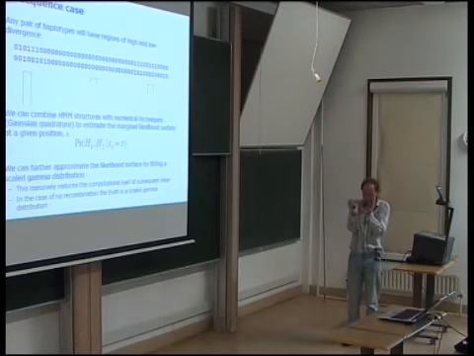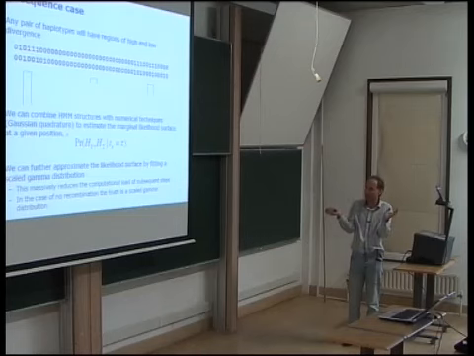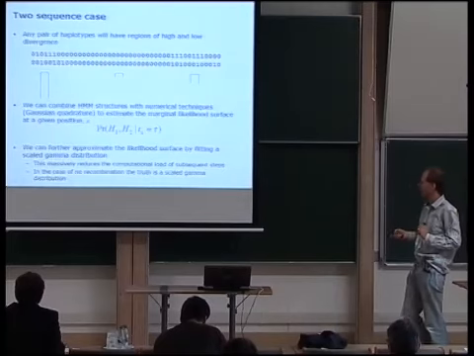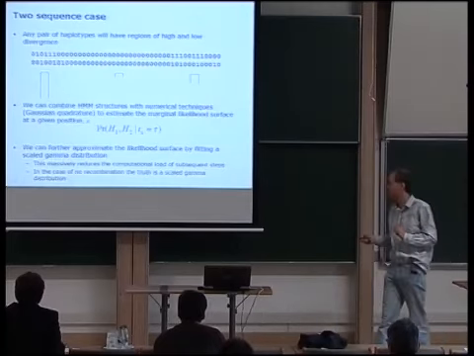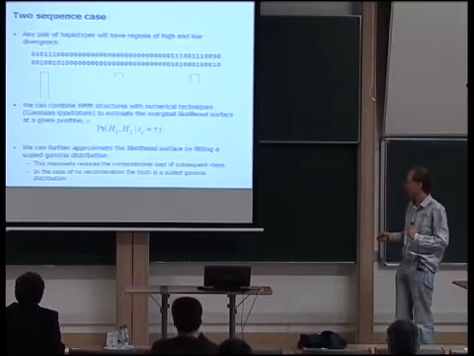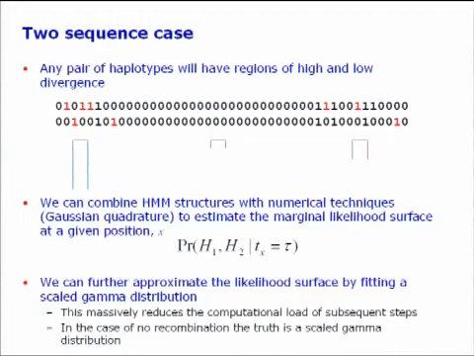I'm going to take a little bit of the data and calculate a likelihood surface. I'm actually going to take a further approximation, which is that I'm going to take that likelihood surface and approximate it by something else. In particular, I'm going to take this approximate likelihood surface from a discretized space, and I'm going to fit a continuous model using a scaled gamma distribution.